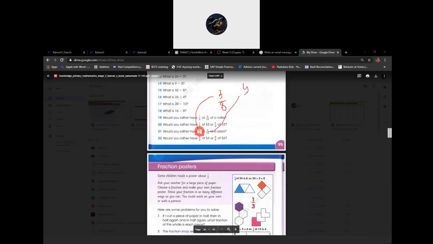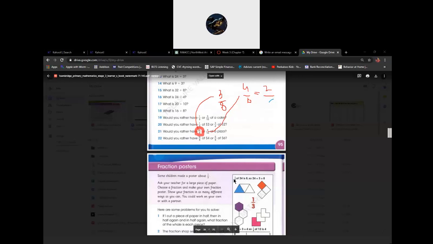Then 8 times 5 is 40, so 40 will be the denominator, and you multiply 5 with 3, which is 15. So 3 by 8 becomes 15 by 40.